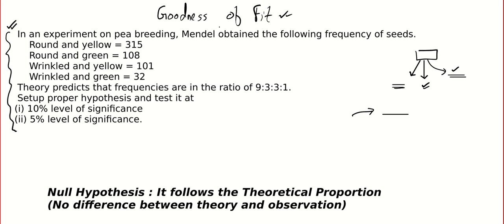Now, in goodness of fit, what we do is we check whether our assumption is matching the reality. That is, we take experimental values and compare them with the predicted values. Predicted values means predicted by using the distributions.